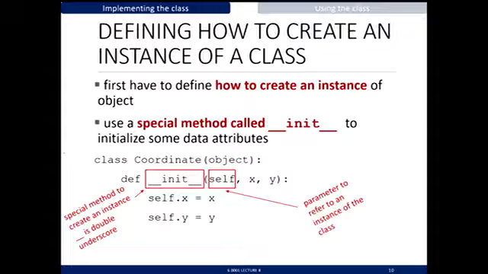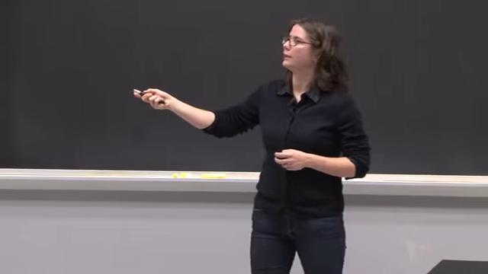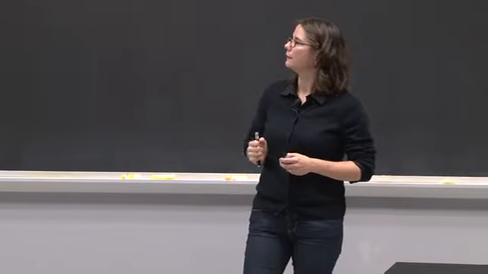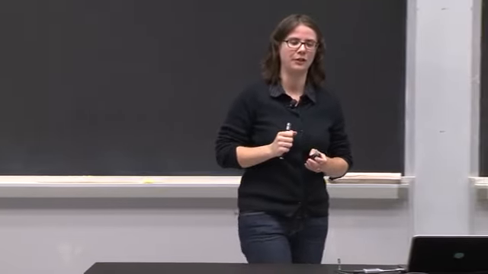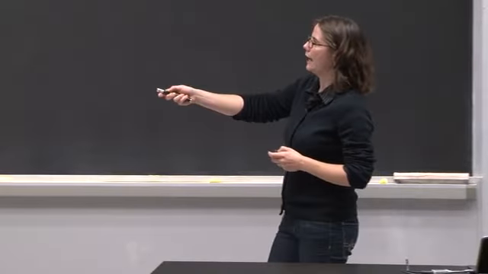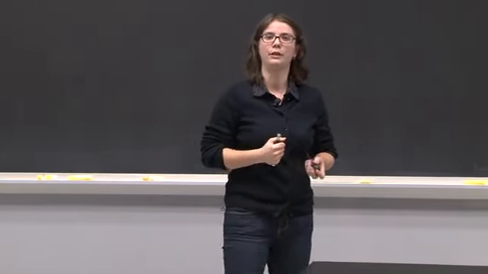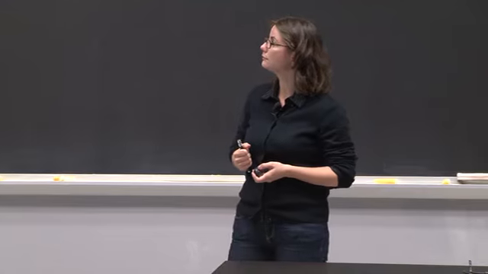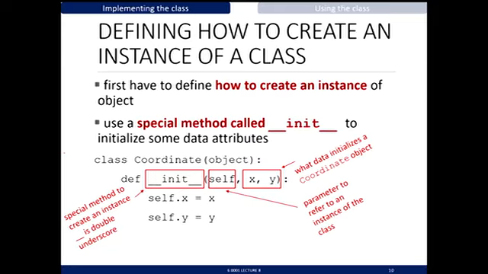And the dot says, look for a data attribute x that belongs to this class. For methods that belong to the class, the first parameter is always going to be self. It could be named anything you want, but by convention, it's always named self. So try to stick to that. Any other parameters beyond it are just parameters as you would put in a normal function. In this case, we're going to initialize a coordinate object by two values, one for the x and one for the y.